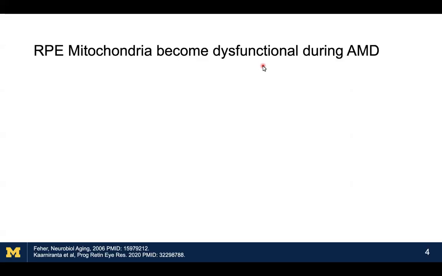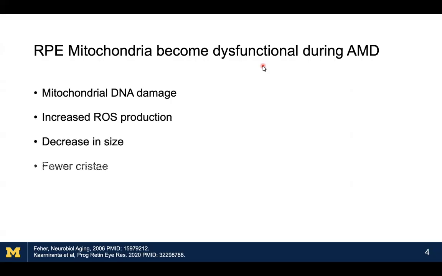However, during AMD, the RPE mitochondria become highly dysfunctional, and we have a lot of evidence for that in the literature to show exactly how they become dysfunctional, which includes a lot of mitochondrial DNA damage, increased ROS production, a decrease in size, as well as a decrease in number of mitochondria in the RPE, and fewer cristae and membrane ruptures within the mitochondria, both as we age and a little bit faster as AMD progresses.